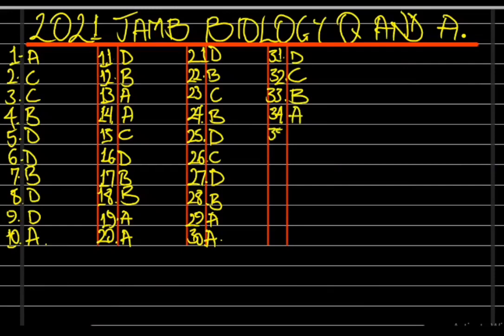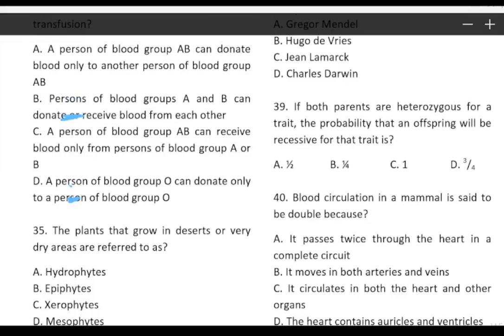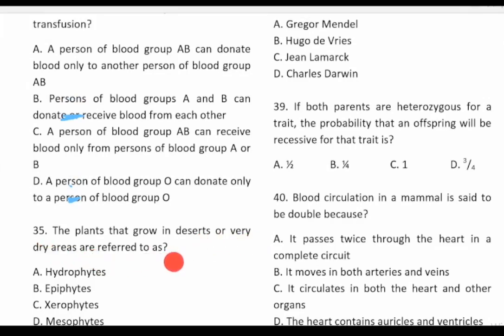And then question 35. The plants that grow in deserts or very dry areas are referred to as A. Hydrophytes, B. Epiphytes, C. Xerophytes, and D. Mesophytes.